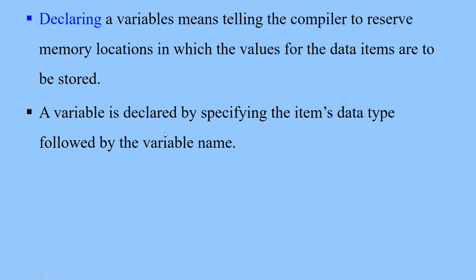So a variable is declared by specifying the item's data type, followed by the name of the variable. And I say that a variable is a memory location that stores content which keeps on changing during a certain processing period.